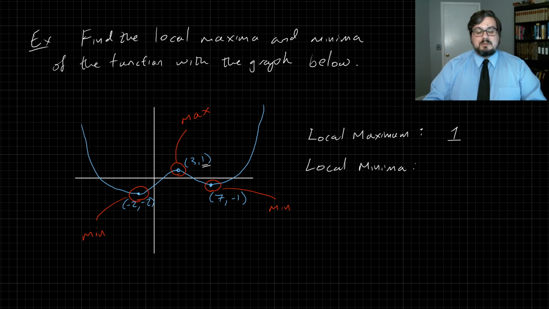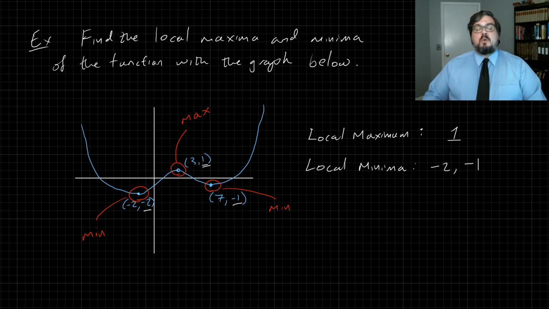It has a local minimum of -2 coming from the first point on our graph, and a local minimum of -1 coming from the other point. So in particular, notice you can have more than one minimum, and you can have more than one maximum even. They don't have to be the same number. And in fact, for particularly complicated graphs, you can even have local minima that are greater than some of your local maxima.